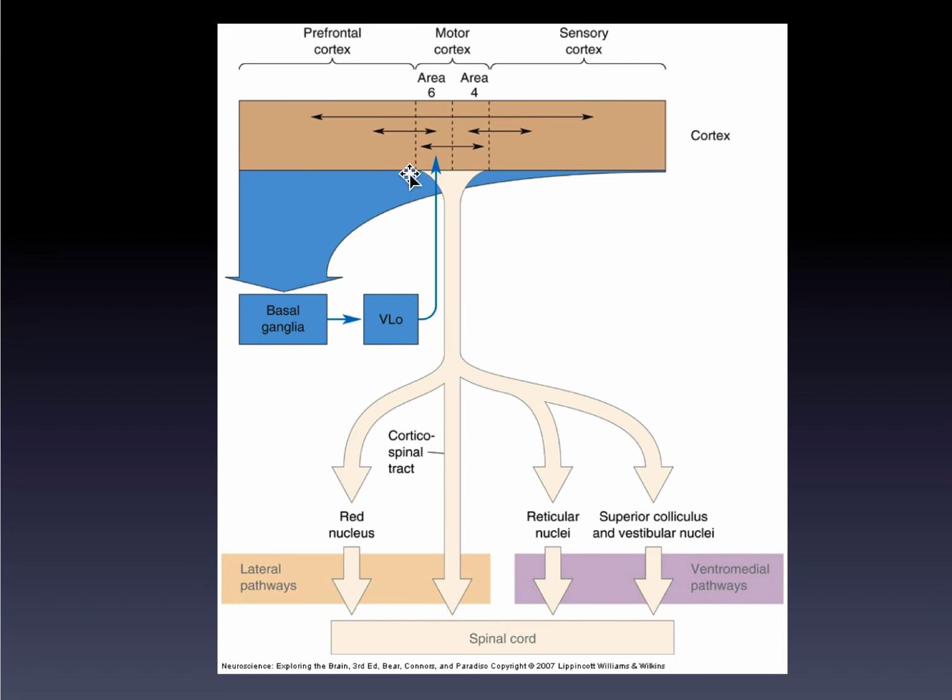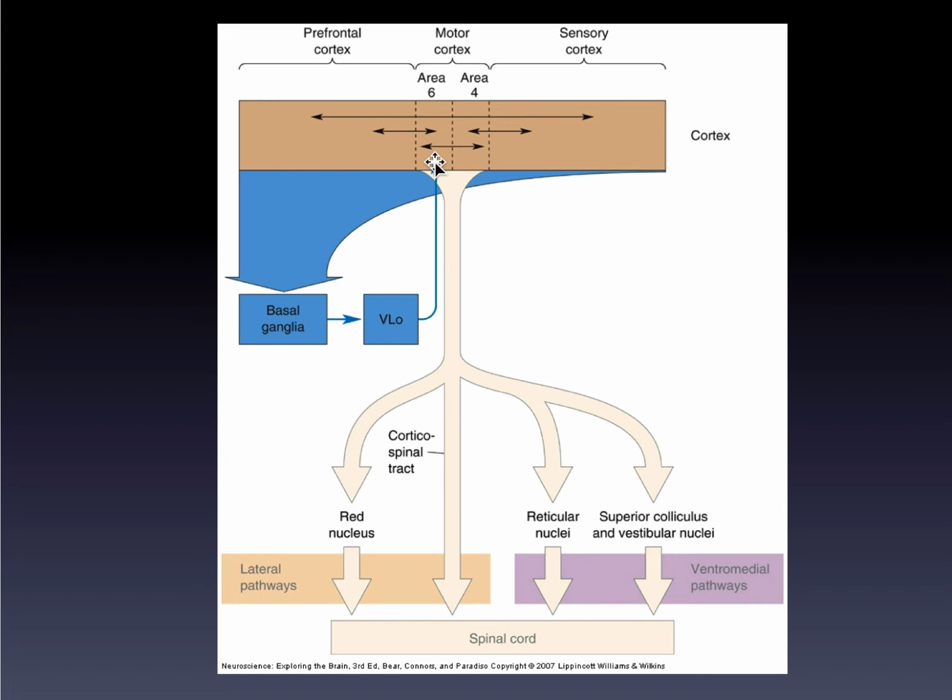themselves and the cortex. Okay, so if we look at the outputs of the cortex to the basal ganglia, we find it is largely from the frontal brain, though we do have outputs from the rest of the brain. So the prefrontal cortex, area 6 and area 4, provide outputs to the basal ganglia. The basal ganglia then provide an input to area 6, the motor planning area.